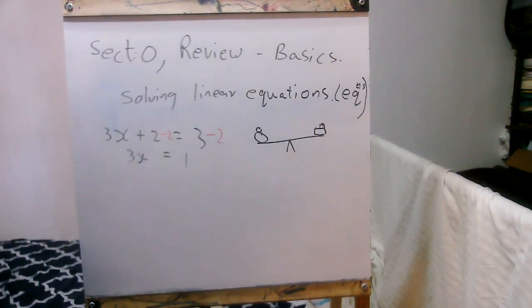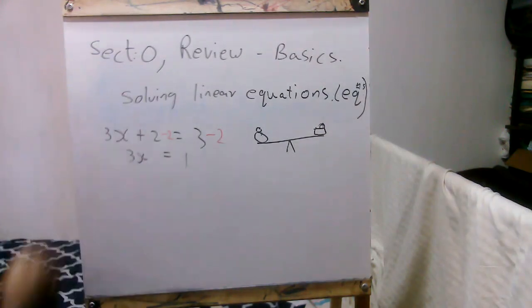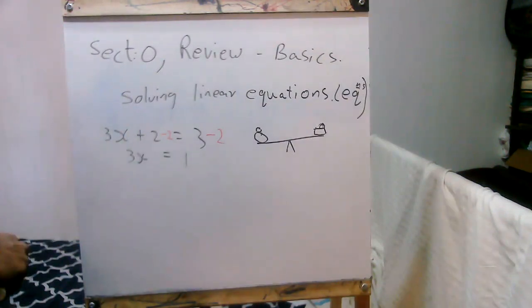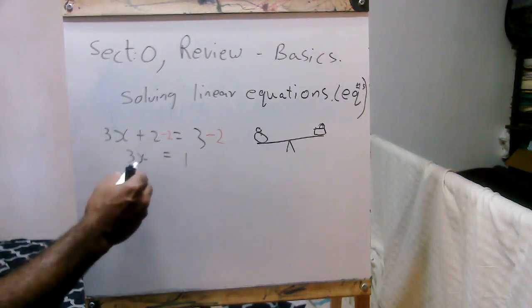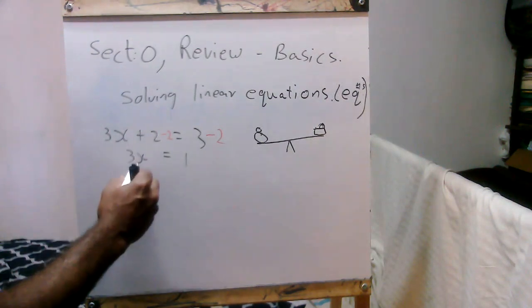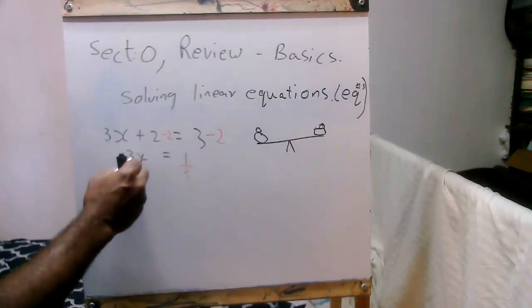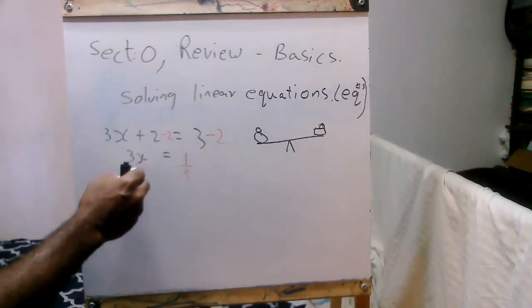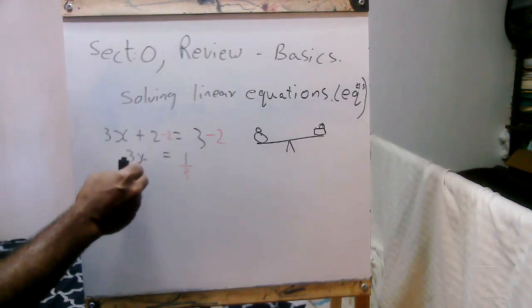Now our intention is to solve this equation for x. Solving for x means isolating x on one side. How do we get rid of this 3? We have to divide both sides by 3. This 3 multiplies x, therefore we have to do the inverse operation. The inverse operation of multiplication is division.